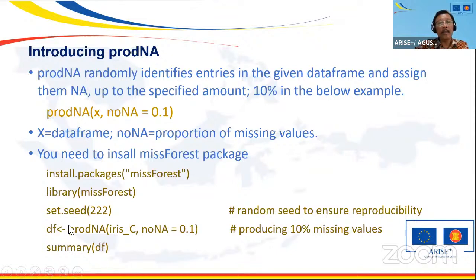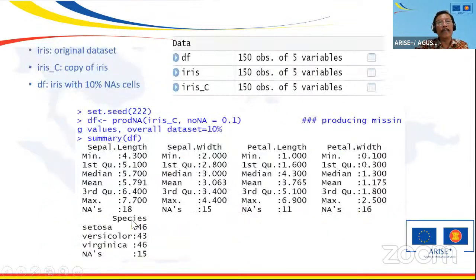So here, plot NA, then number of NA 10%. Please produce the number of NA 10% from this data set, and then put it into this data frame. So if we click summary of the data frame, this is the summary. We see NAs already introduced here. 18 here, 15 here, 11, 15, 15. They are not the same because they are assigned randomly.